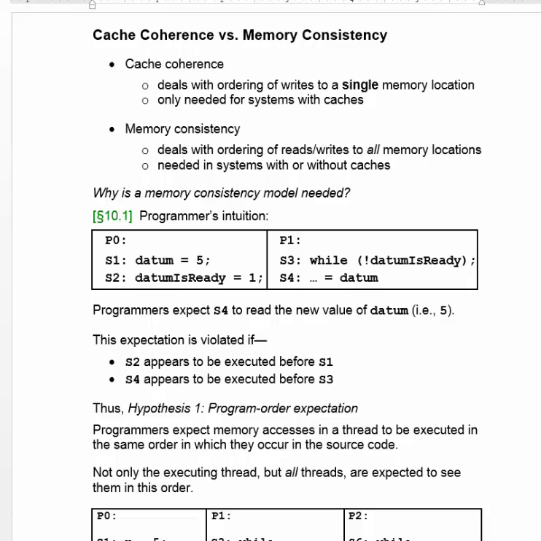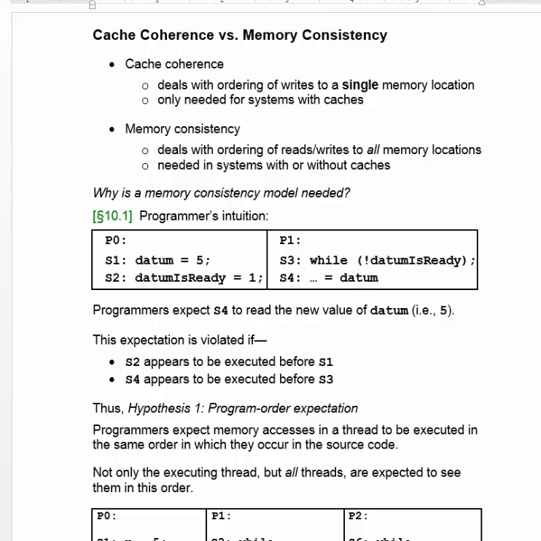First of all, if S2 appears to be executed before S1, in other words, if the datum is ready seems to happen before the value of the datum changes, or if S4 appears to be executed before S3. So if we assign the value before we wait for the datum to be ready, both of those violate the expectation of program order.